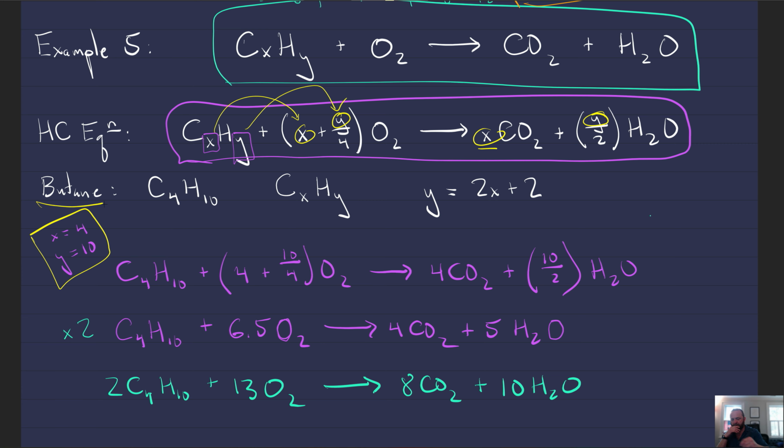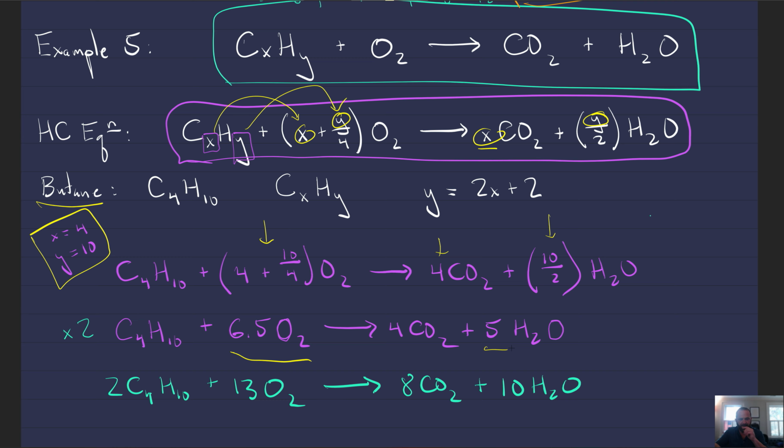And if we take the example of butane, X is equal to 4, Y is equal to 10. So you plug everything in. These are all the numbers and where they go. This is the simplified one.